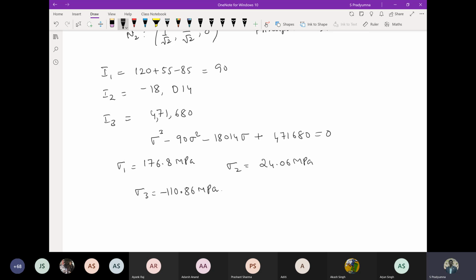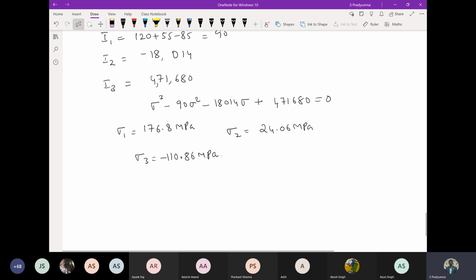I can plot the Mohr circle also. So for center 1, which is sigma 2 plus sigma 3 by 2, it will be minus 43.4 megapascal. Center 2 is similarly 32.97, and center 3 is equal to 100.43.